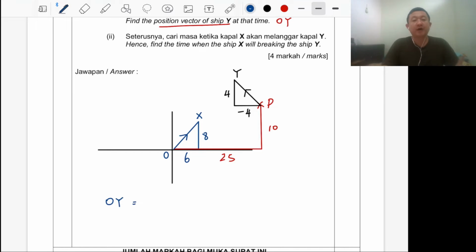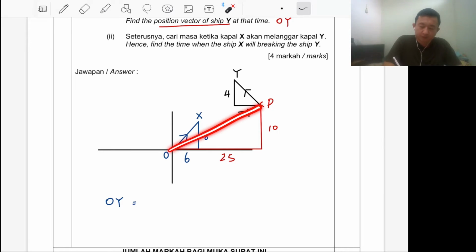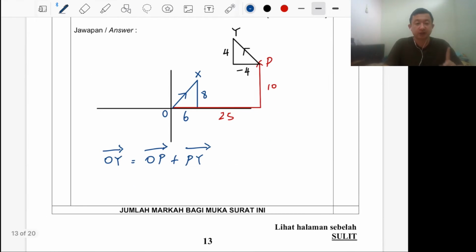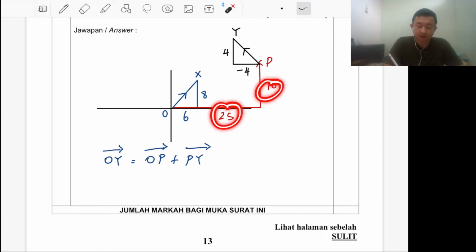So how do you find OY? If you want to find OY, you must use OP, because you can find OP plus PY. OP is fixed, because it doesn't change with time, since it starts from here.